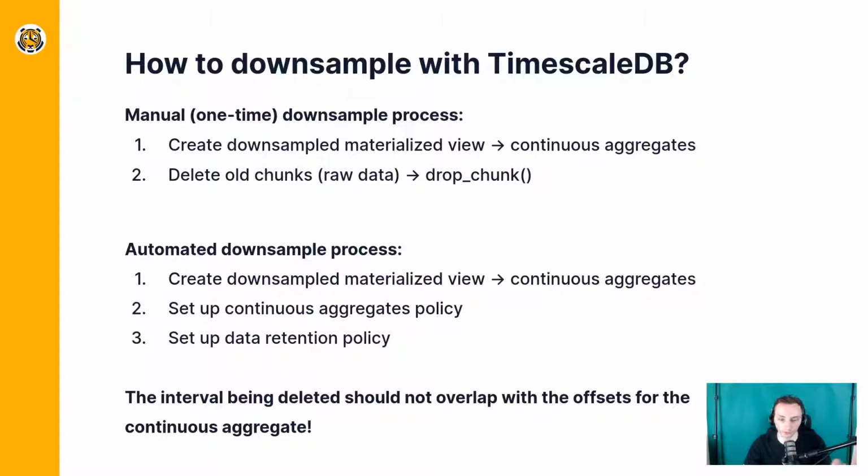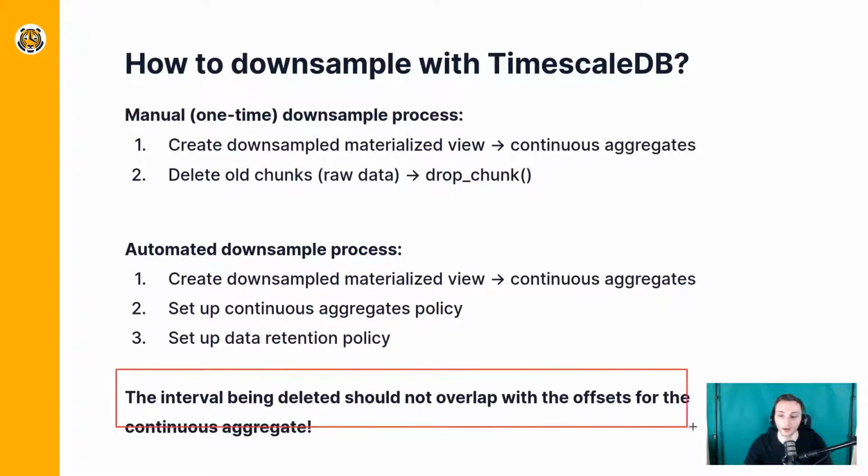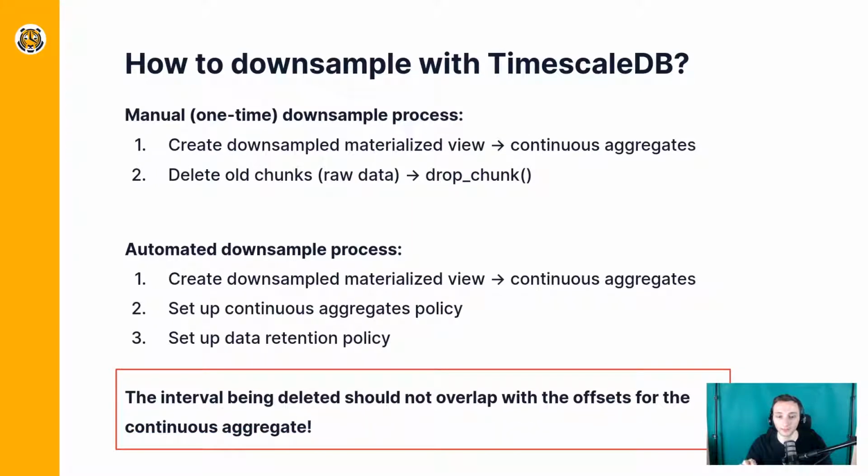And so the note I have here: the interval being deleted should not overlap with the offsets for the continuous aggregate. So basically, what that means is that data that is currently being added into the continuous aggregate should not be deleted at the same time by the data retention policy, because that could obviously cause some problems.